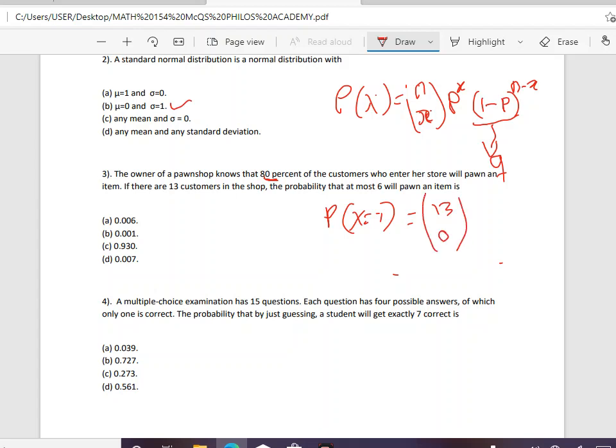Okay, times p, and our p is 0.8 exponent x, which is 0, times 1 minus p, 1 minus 0.8, which will give you 0.2, exponent n minus x. And what is our n minus x? N is 13 minus x, which is 0. So you input this on your calculator and get an answer.